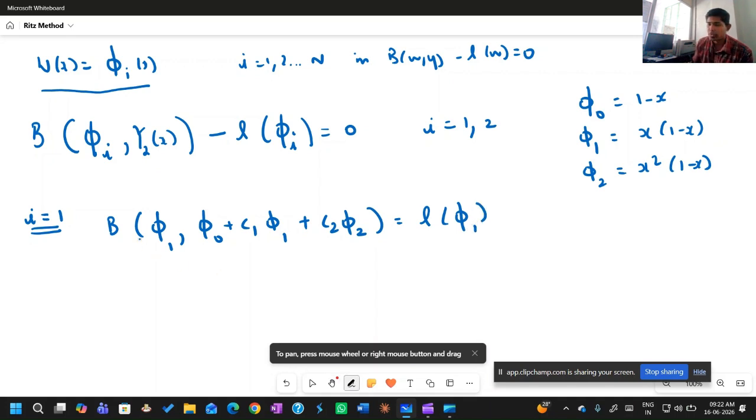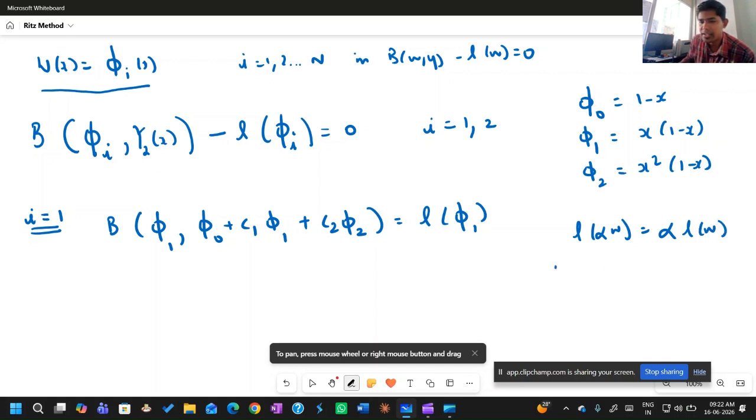According to the bilinear functional property, if alpha is non-zero, then L of alpha w, we can take alpha outside, alpha into L of w.